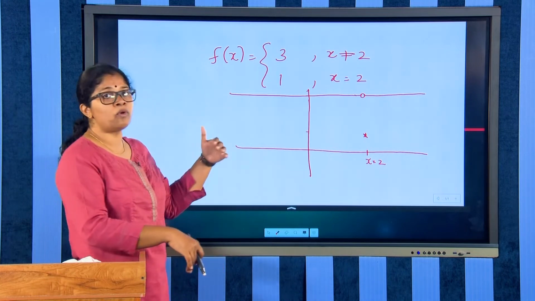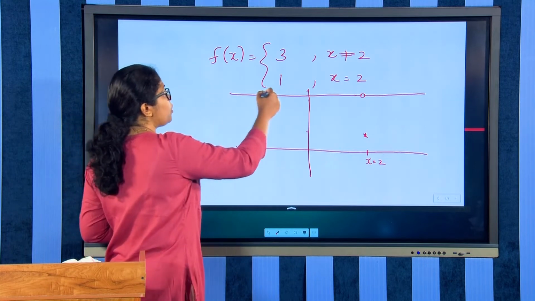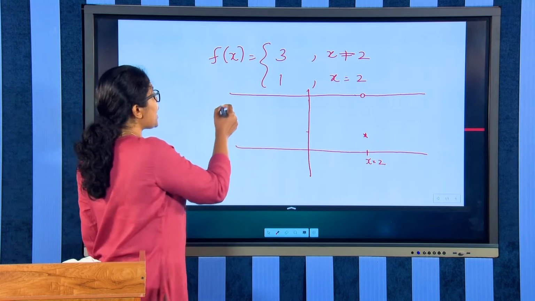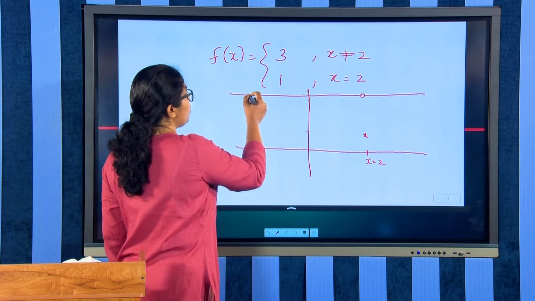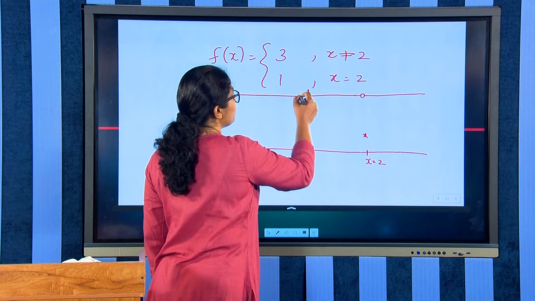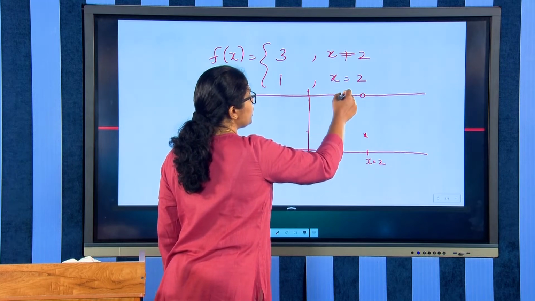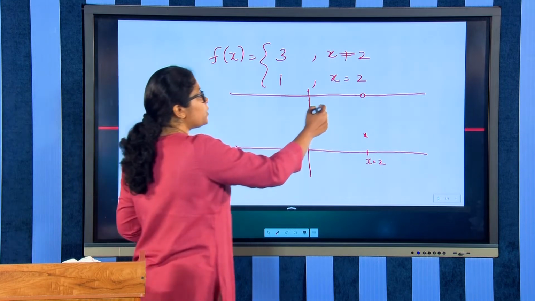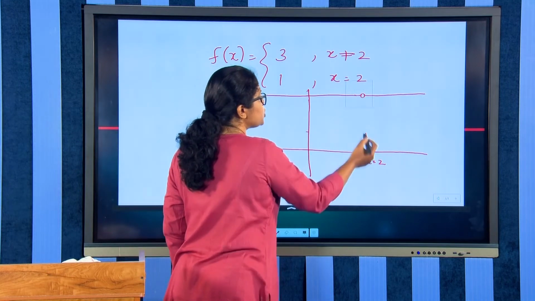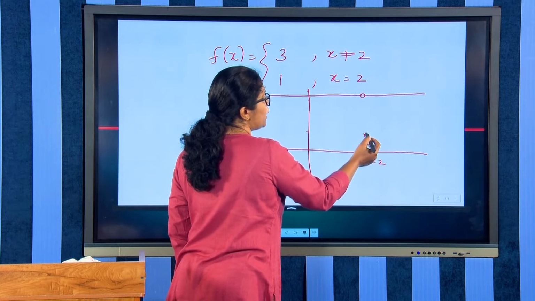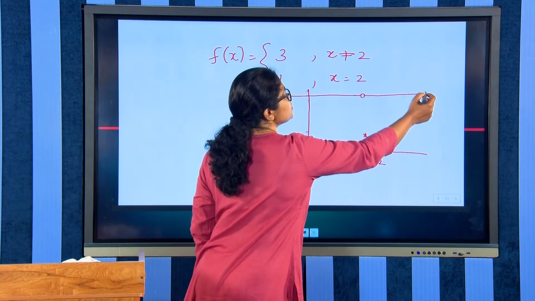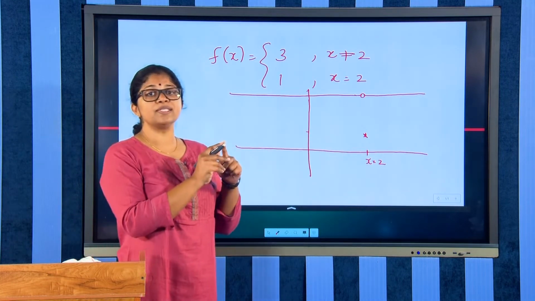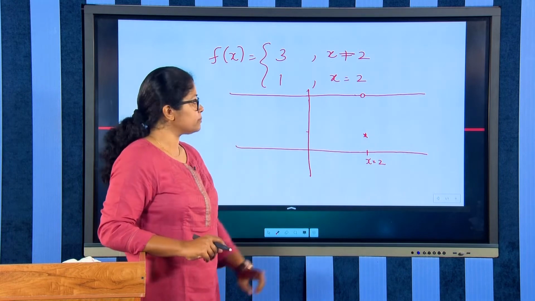As we move along the curve showing f of x, we can go through the curve without any gap or discontinuity. But when we reach this point, the function suddenly goes down to the value 1, and then again it goes like this. So that particular point is called the point of discontinuity of the function.